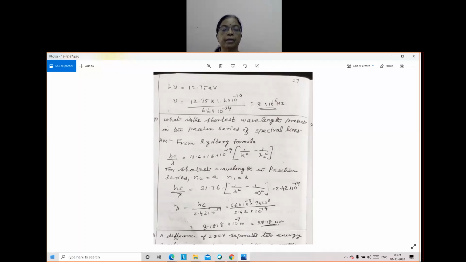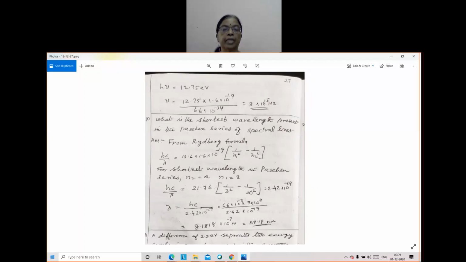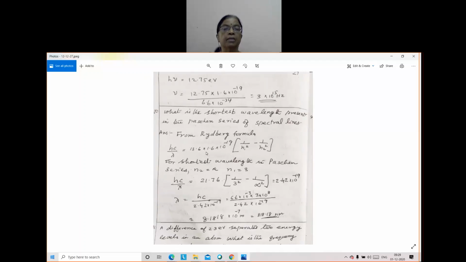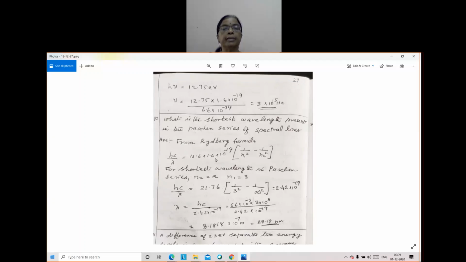Which series? Paschen series, n1 equal to 3. The constant's value is substituted here, and it is multiplied with 1.6 into 10 to the power minus 19 to get the answer in the SI system.